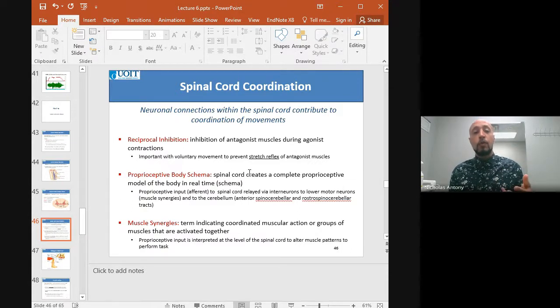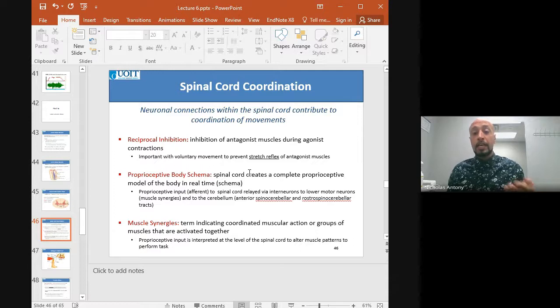So the spinal cord is sort of aware in real time of the proprioceptors of the body, right? We know that that gets sent up to the cerebellum through one pathway, that gets sent up to our conscious somatosensory area through another pathway, but all of that proprioceptive information gets inputted into the spinal cord.